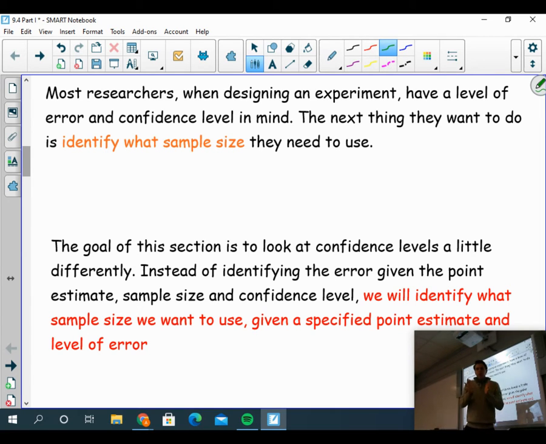We learned up to this point how to find a confidence interval given a certain sample size, a point estimate, whether that be the sample mean or the sample proportion, and a sample standard deviation. And using those pieces of information, we constructed confidence intervals with different levels of confidence, okay?